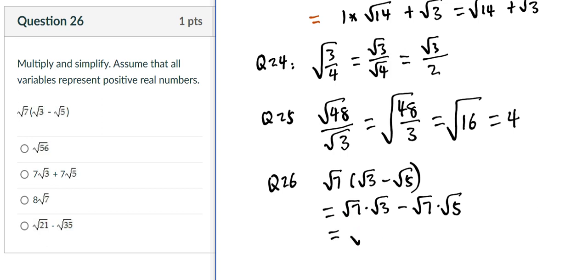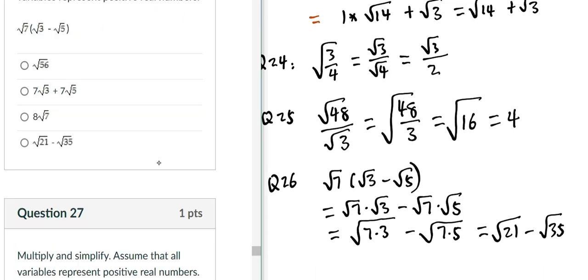Then you do multiplication for 7 and 3, and here 7 and 5. That will be radical 21 minus radical 35. So the last one is our choice.